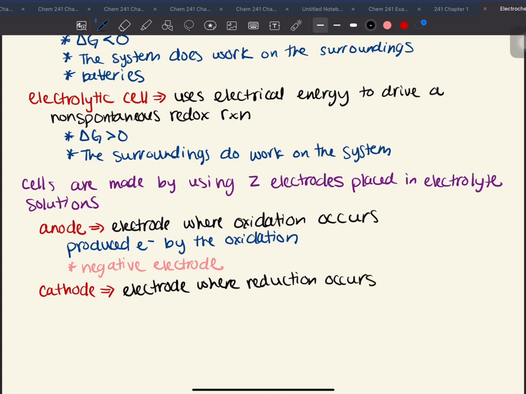So what's going on here is that this electrode gains electrons by reduction.